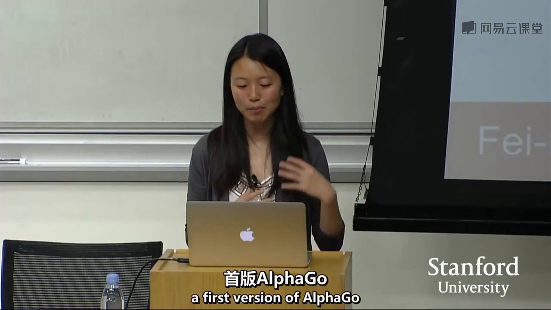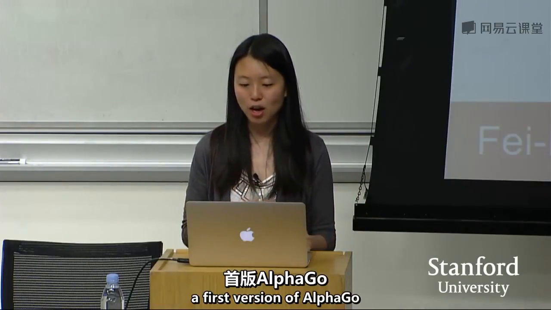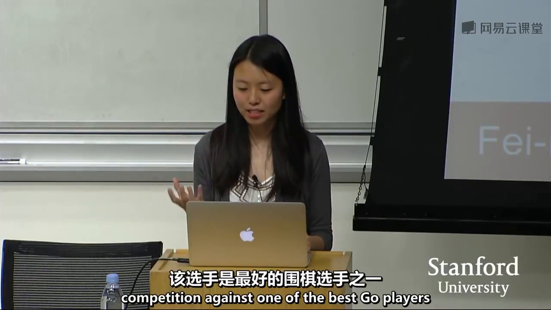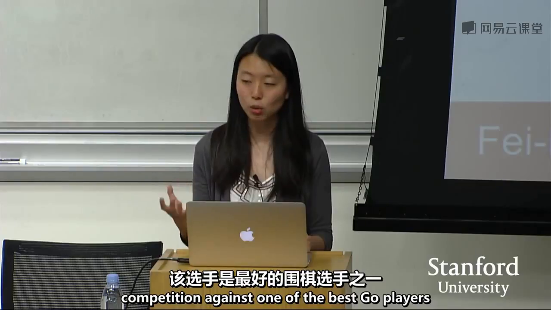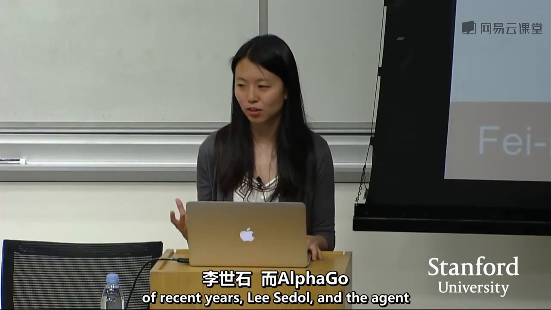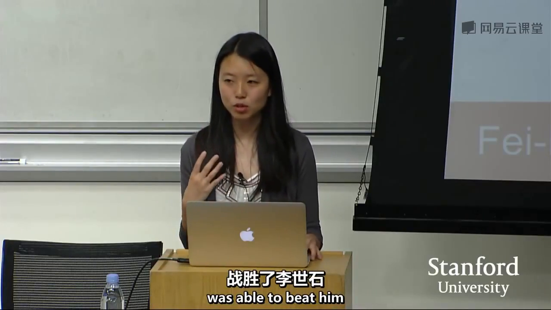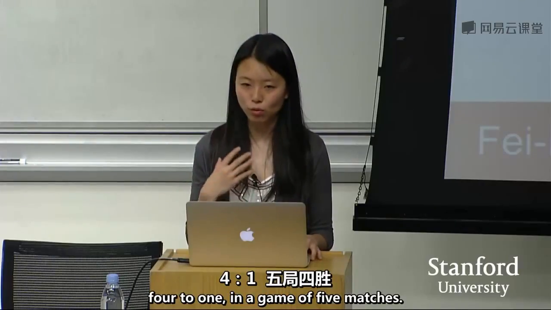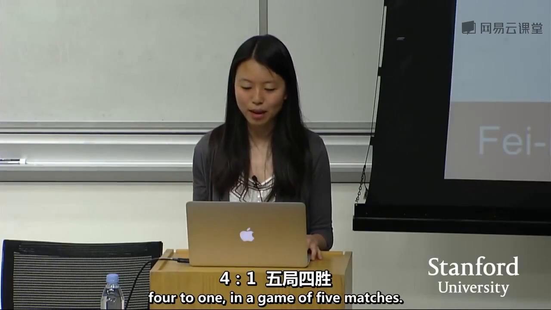So last year, a first version of AlphaGo was put into a competition against one of the best Go players of recent years, Lee Sedol, and the agent was able to beat him 4-1, in a game of 5 matches.